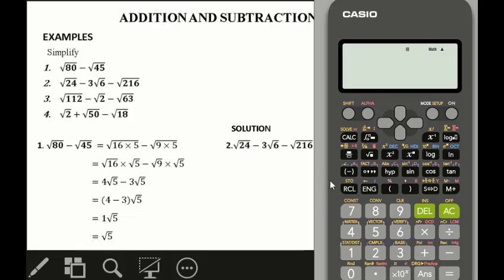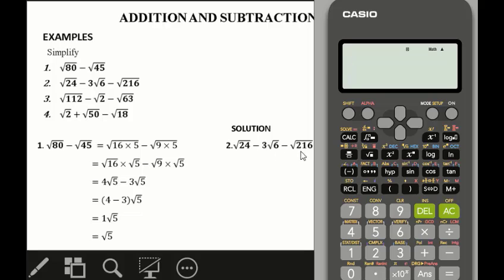Good. Then, when we come to the next one, which is 3 root 6, it is already in its simplified form. It cannot be simplified any further. So over here, we maintain it as it is by not touching it.